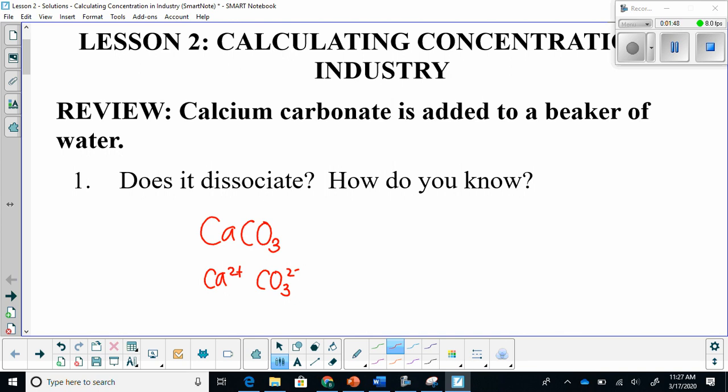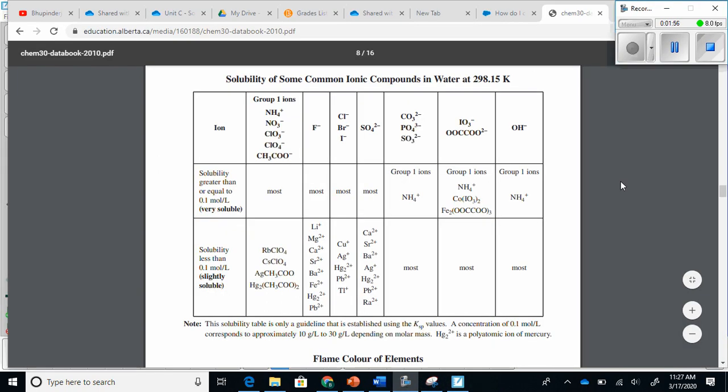From here, you're going to locate the carbonate, or the negatively charged ion, on your chart. Going through this with my mouse, there is carbonate. We are going to read down. It says group 1 ions and ammonium would lead to a very soluble compound. But calcium does not fit in that group, so we see if it fits in this group.